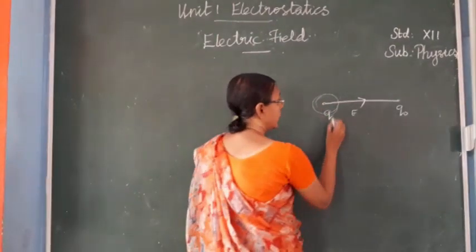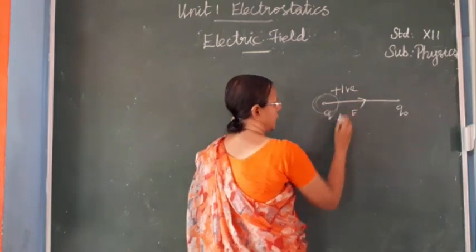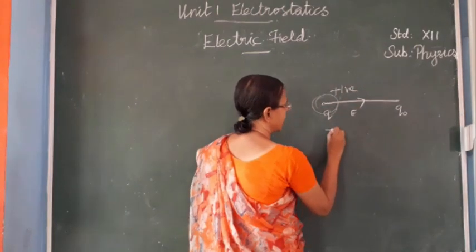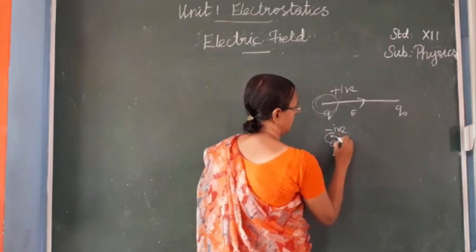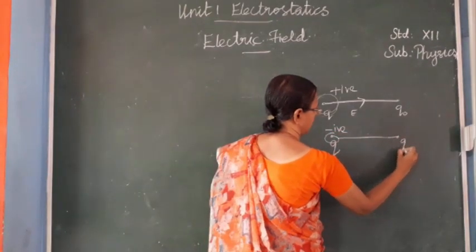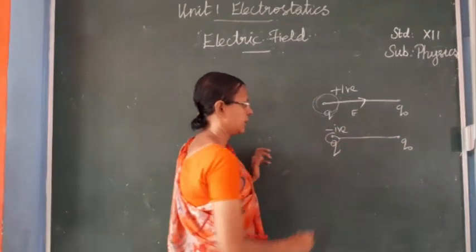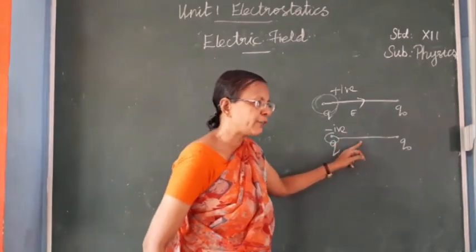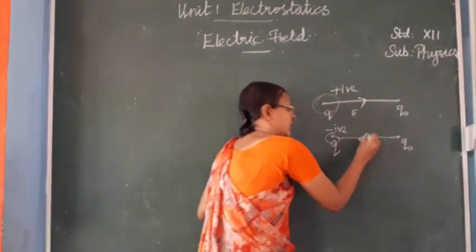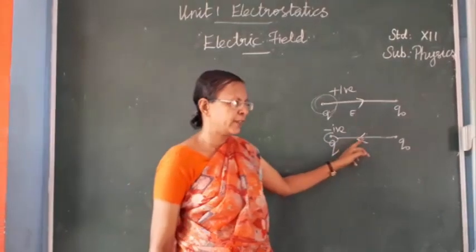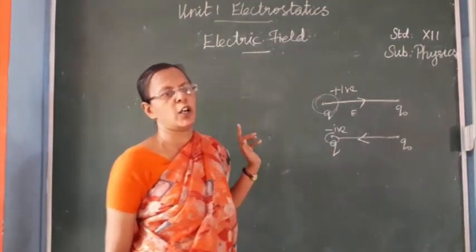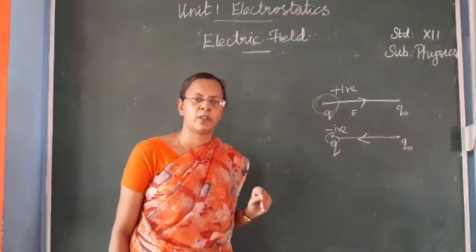If this source charge is negative, the electric field points towards the source charge. That is the first aspect.